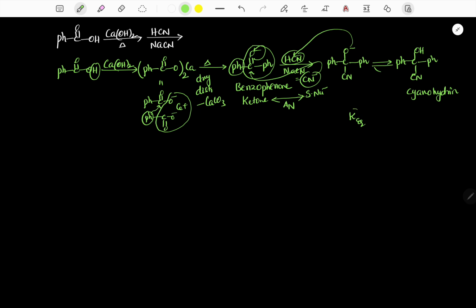So the corresponding equilibrium constant is directly proportional to the rate of nucleophilic addition. For example, if they are asking for K equilibrium for different reactants, K equilibrium is directly proportional to the rate of nucleophilic addition.